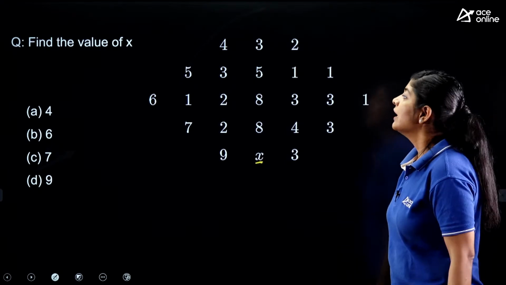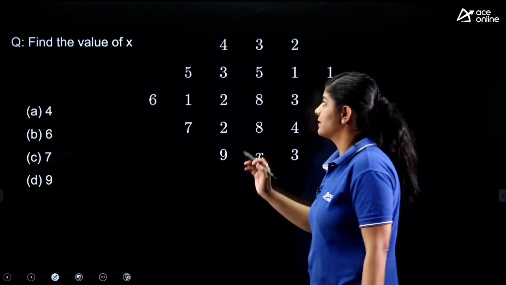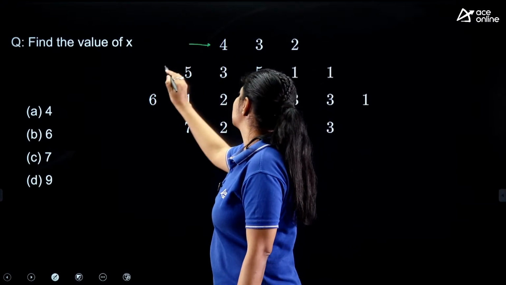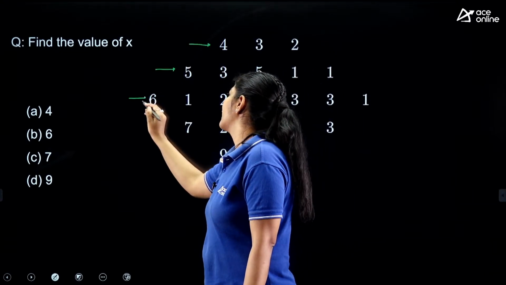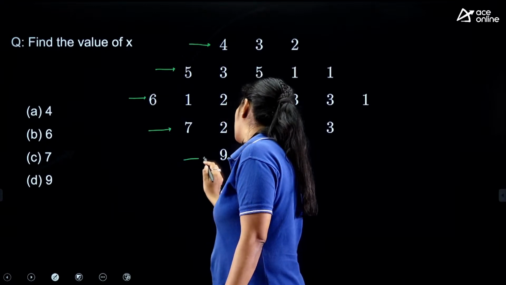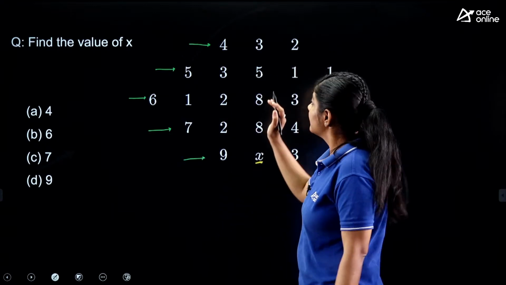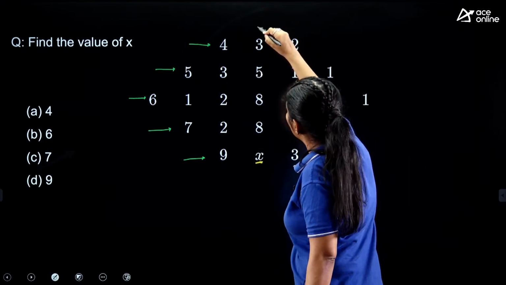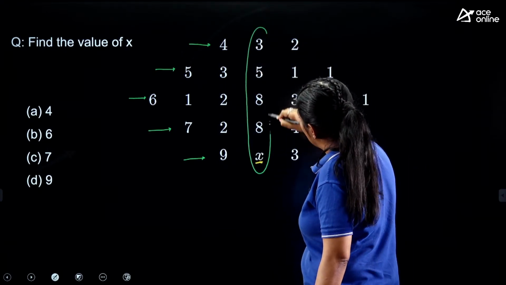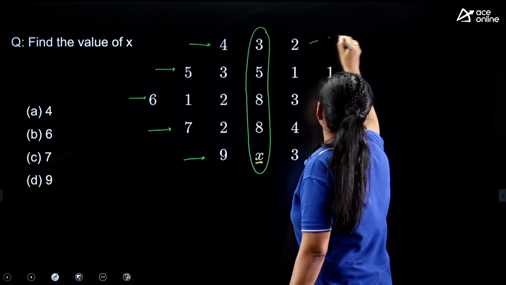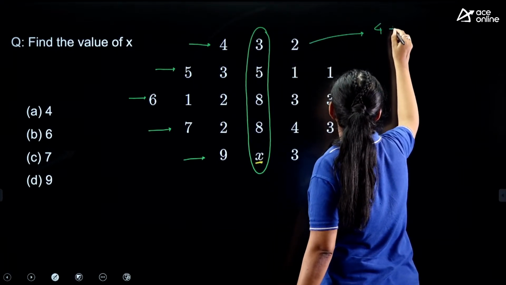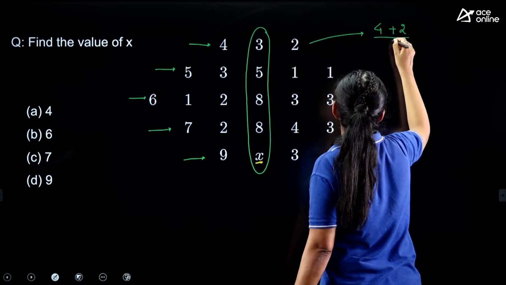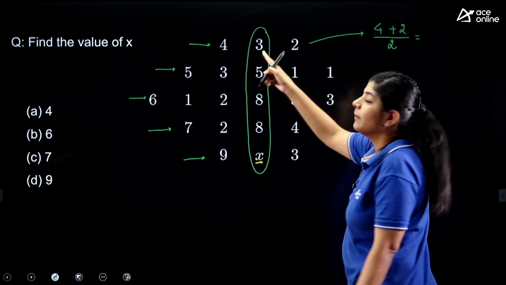Okay, let's see. If I see the data row-wise, I got to know that if I add these numbers and divide by 2, I'll get my middle column. See, here if I add 4 and 2 together and divide by 2, I'll get the middle number.